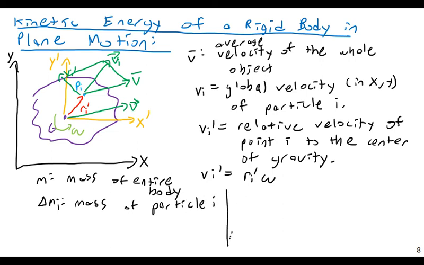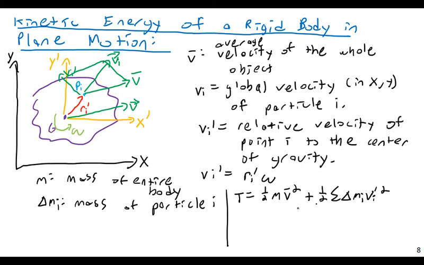So then I can say that T is equal to 1/2 m v bar squared, in other words, the global translational kinetic energy of the entire body as a whole, plus 1/2 the summation of delta mi Vi prime squared. So the summation of the individual kinetic energies about the center of the body.